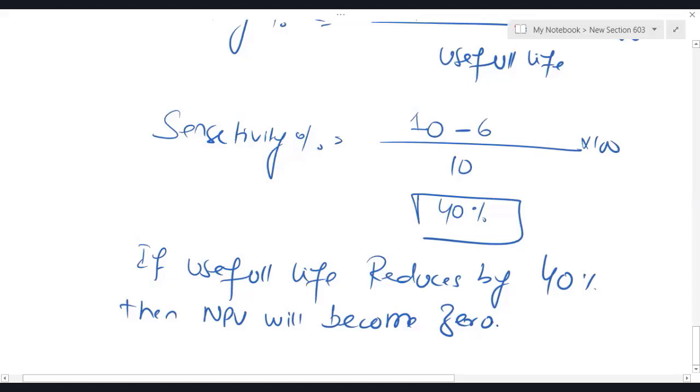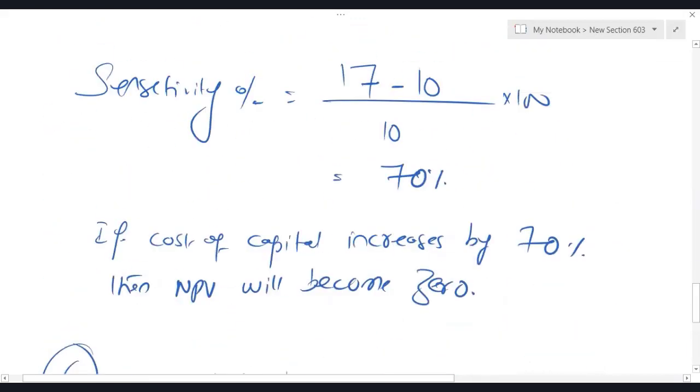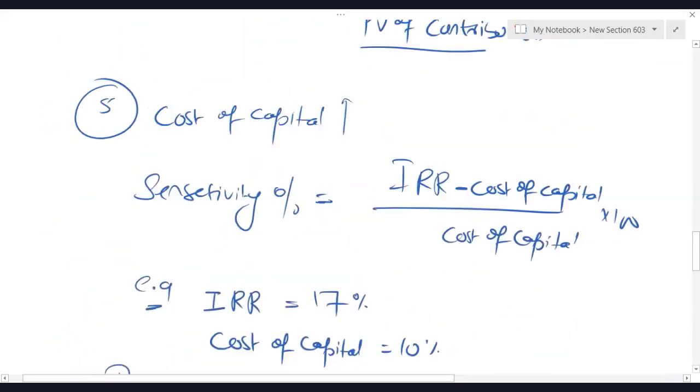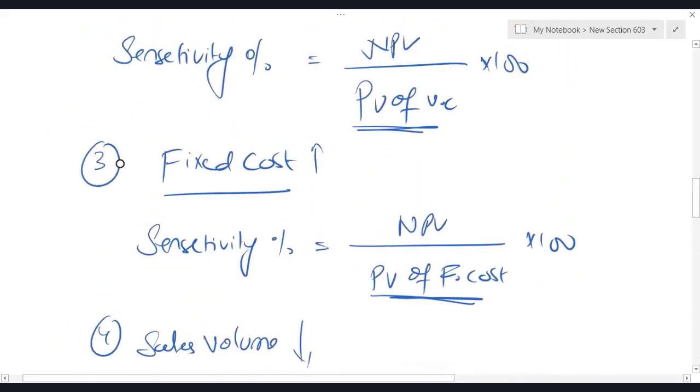Obviously, if the useful life is 10 years and if it reduces by 40%, it will become 6. And as I mentioned just right now, discounted payback is the time period where NPV is zero. So dearest students, one, you have to memorize all these limitations as well as formulae.